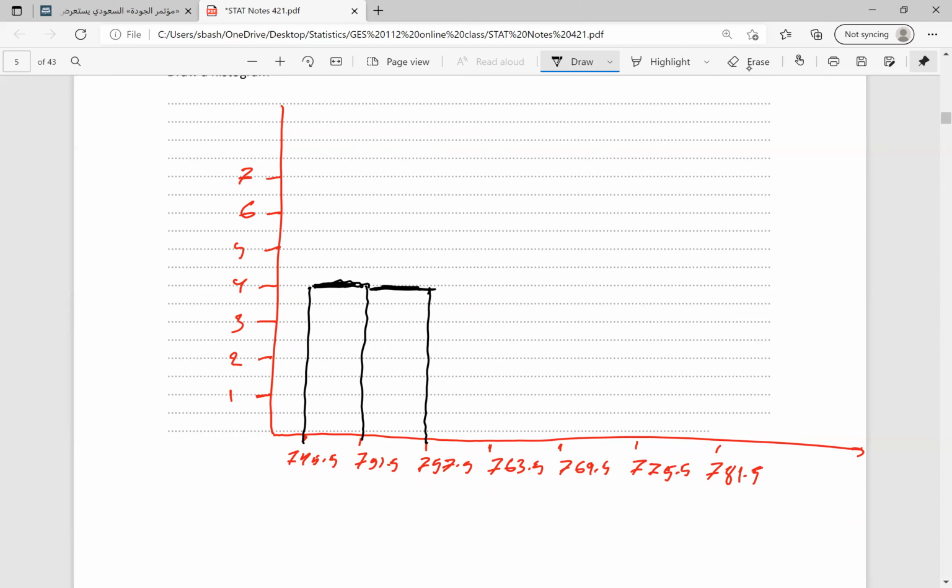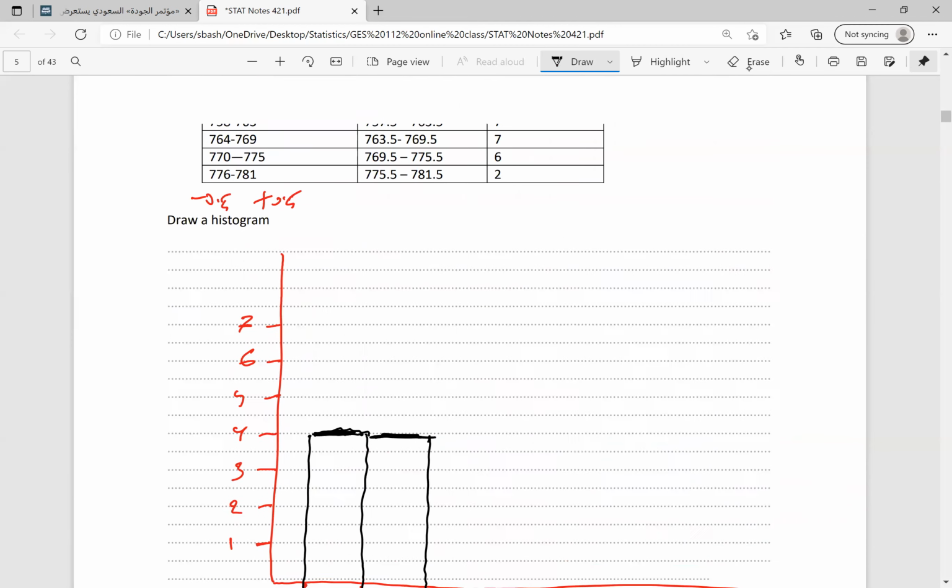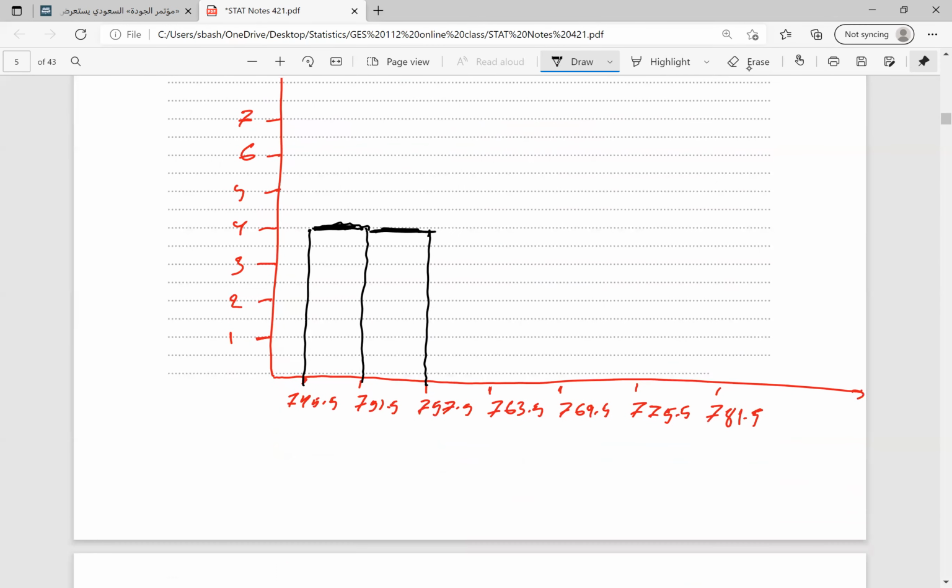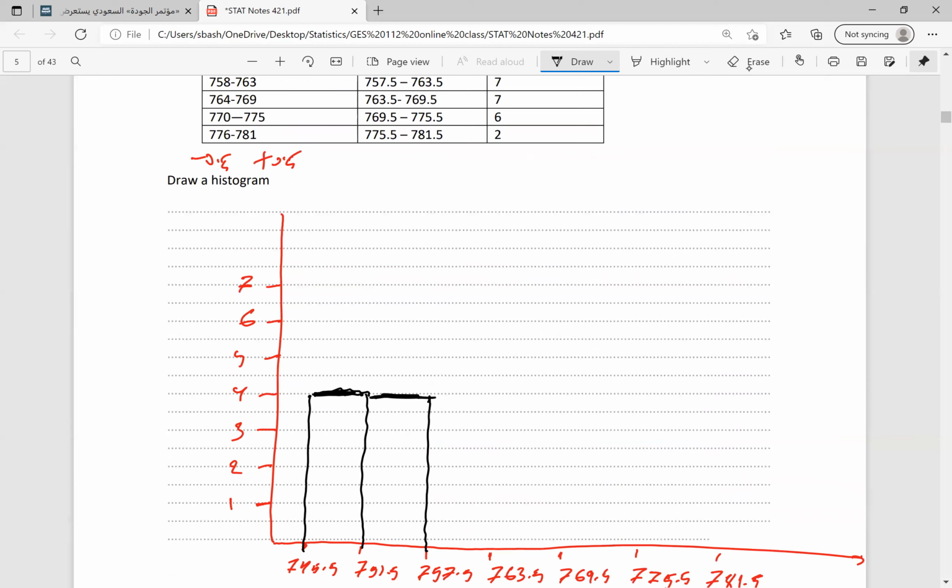We have 4. The height for the second one is 4. The next one is 7 and 7. So it is 7, 7.